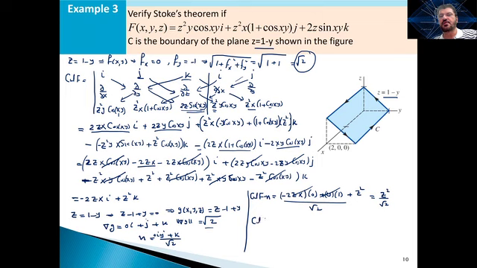Altogether, curl f dot n times the square root of 1 plus fx square plus fy square is nothing but z square, because this is going to go with that one. So the final thing is z square. So let's go now to the work done.